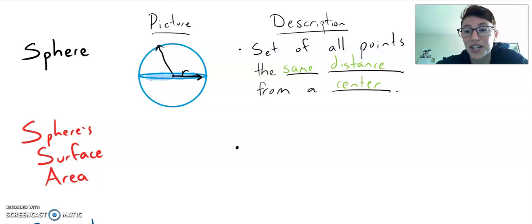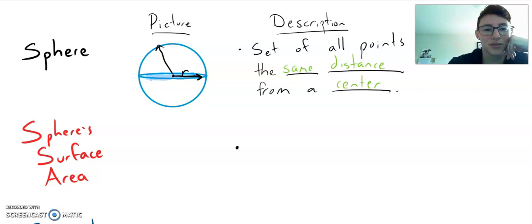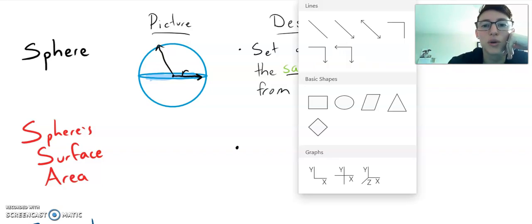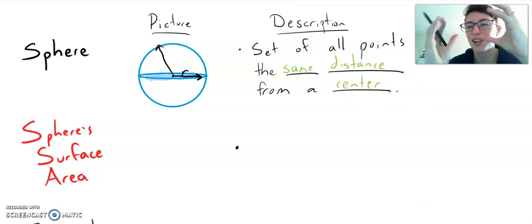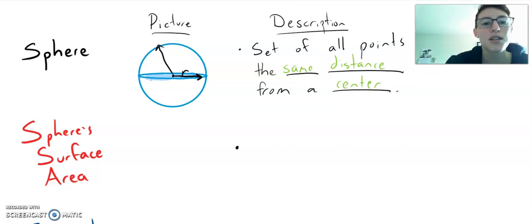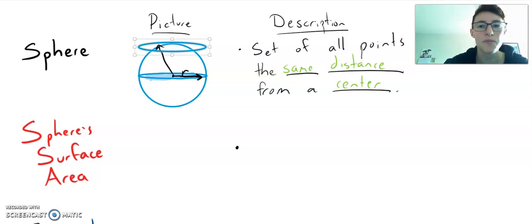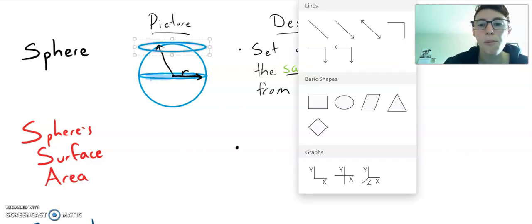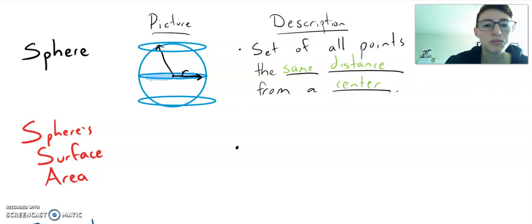The surface area of a sphere, if you take all that orange coating that I'm now eating, you can actually imagine, if you unfold it in a way, peel it back like you're taking an orange and peeling those pieces off of it, they can make the same shape as the surface area of a cylinder.